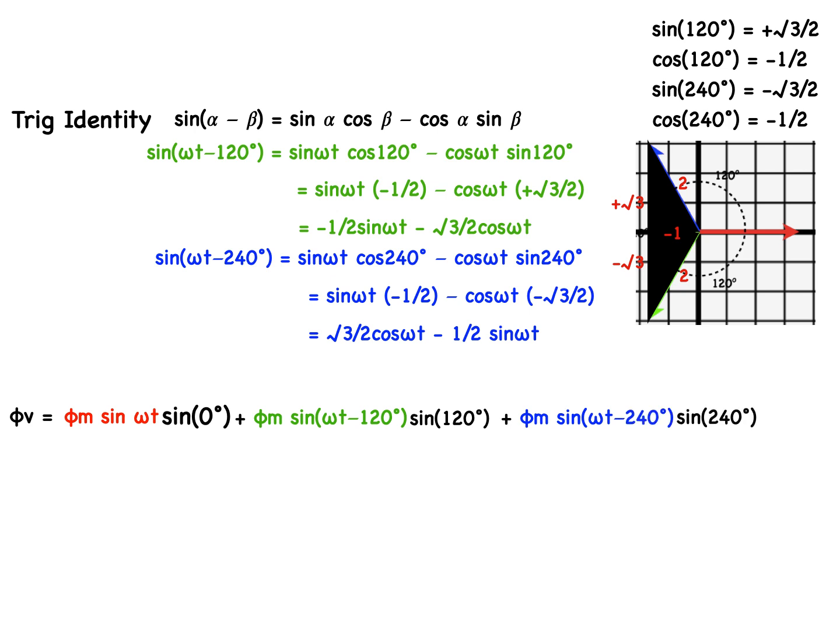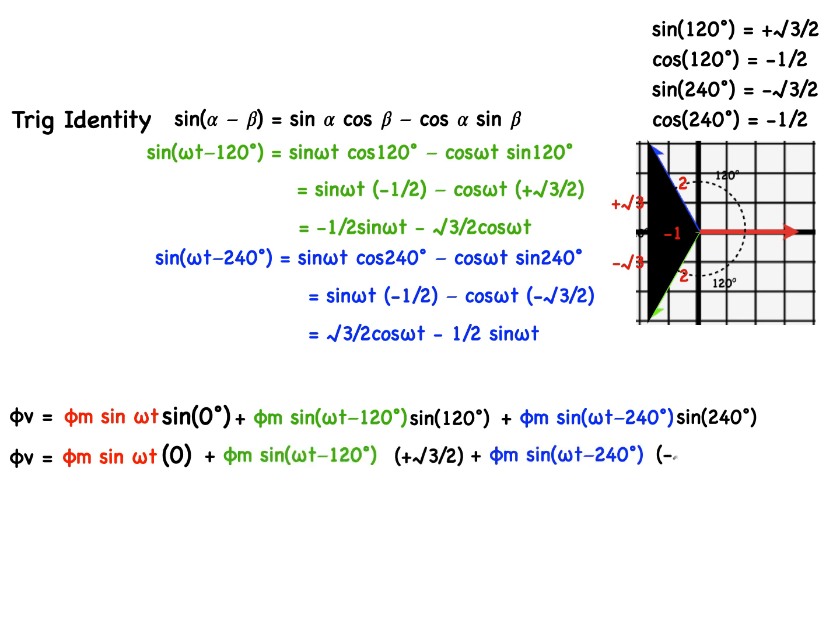Finding the sine of 120 and 240 degrees can also be accomplished by considering the ratio of the sides of a 30, 60, 90 degree triangle. So sine of 0, of course, is 0. The sine of 120 is plus the square root of 3 over 2. And the sine of 240 degrees is minus the square root of 3 all over 2.